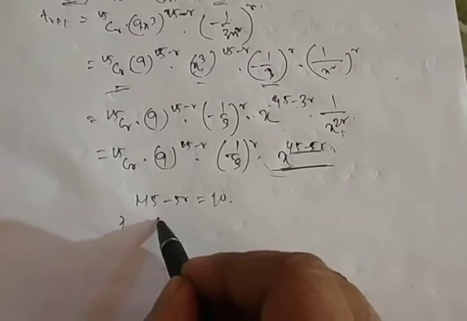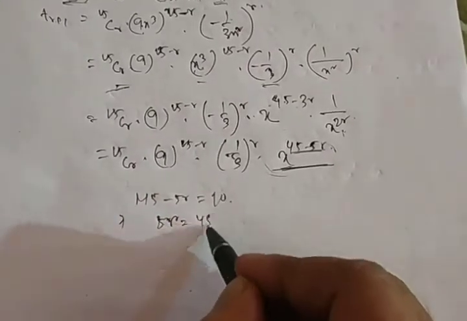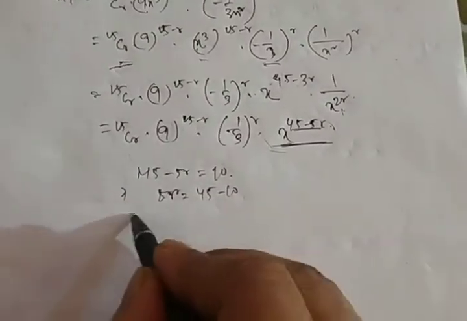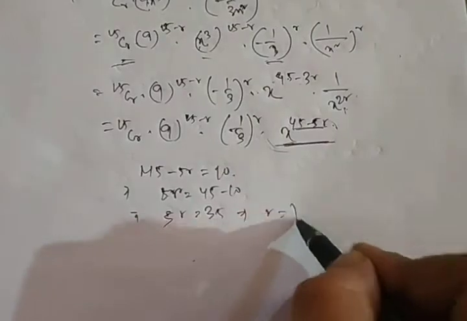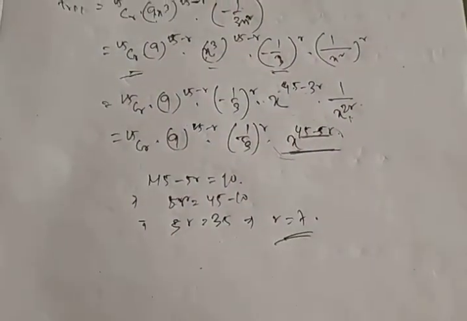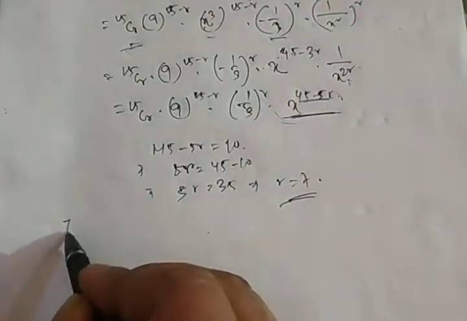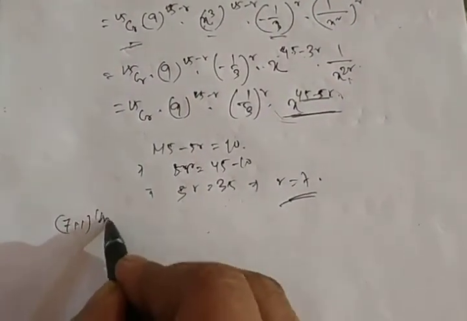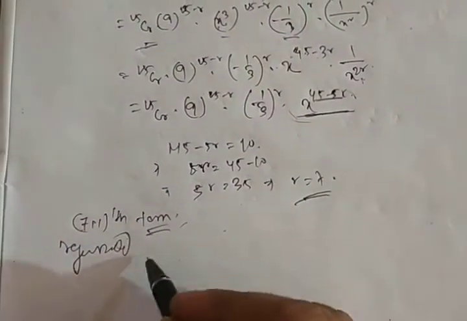So 5r equals 45 minus 10, 5r equals 35, so r equals 7. Okay, r equals 7 means the required term is the 7 plus 1th term, that is the 8th term.